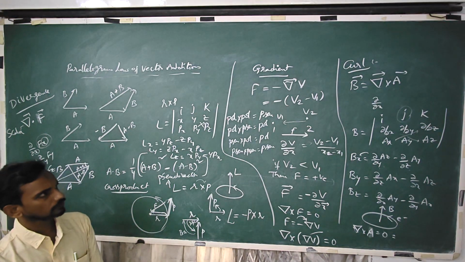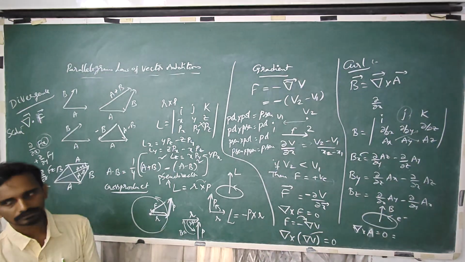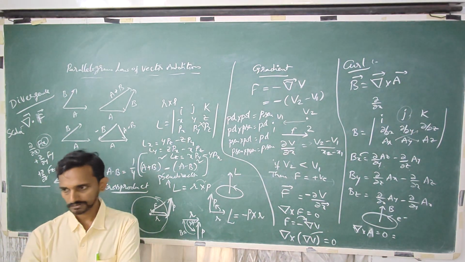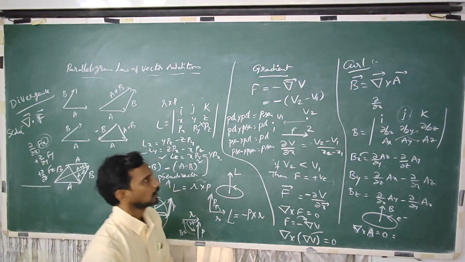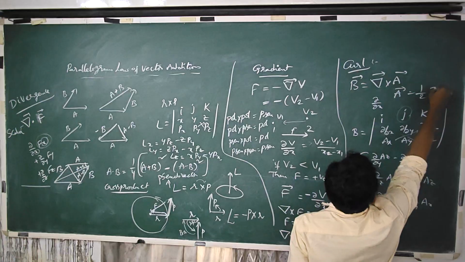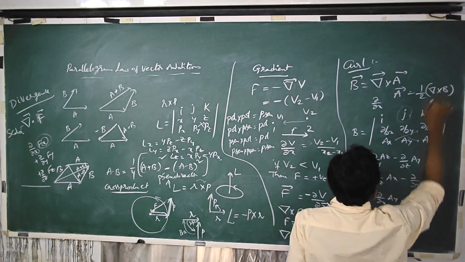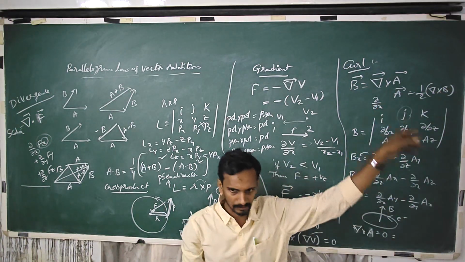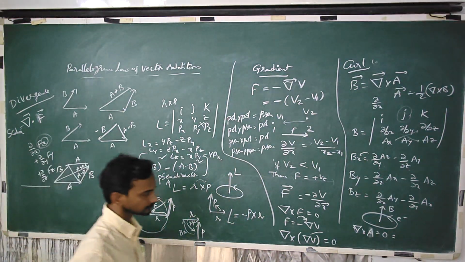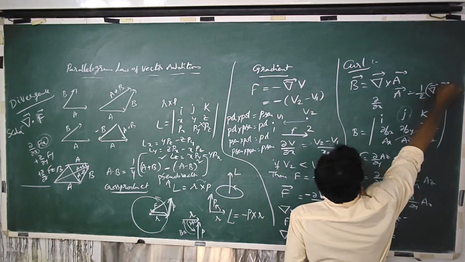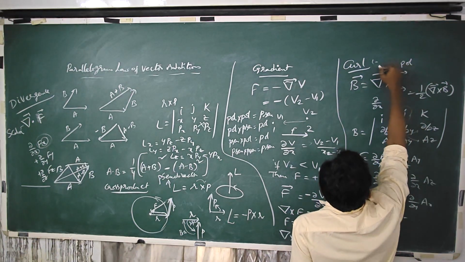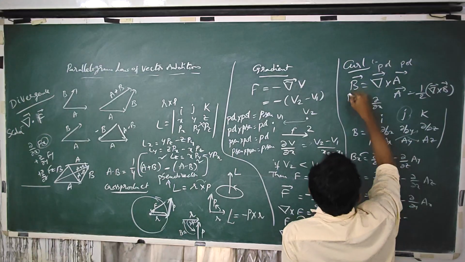So what about magnetic field? It is a pseudo vector. And from this, with some mathematical manipulations, you can get that A is equal to half times del cross B. So what is this? This is a polar vector, this is also a polar vector, and this is a pseudo vector.